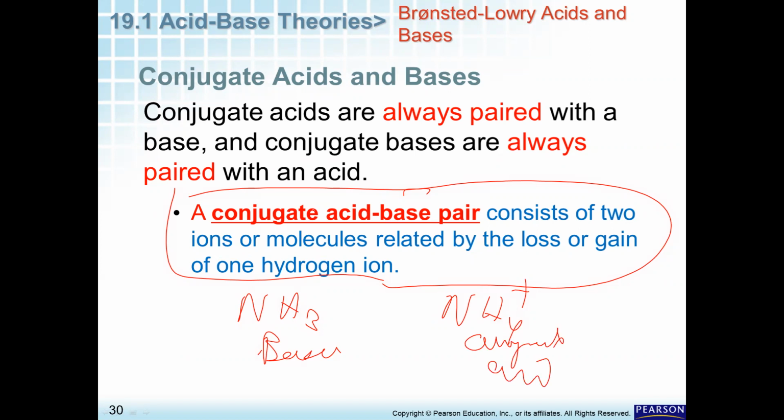What is the relationship between them? It is a hydrogen ion, right? It's a gain or loss. Here it is a gain, and this way it is a loss. So any two compounds or molecules or ions that are related to each other by gain or loss of a hydrogen are called conjugate acid-base pairs.